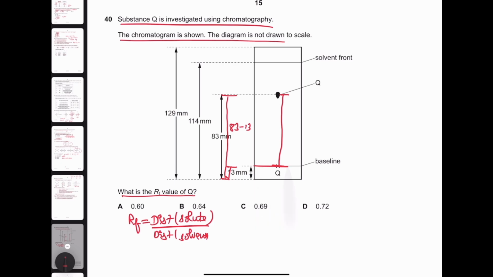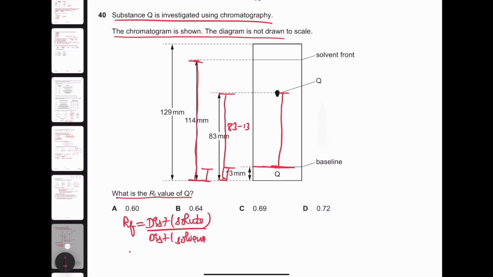You take the distance from baseline. The total distance from here to here is 114, but you subtract 13 from it. So 114 minus 13, which is 101. This is the solvent distance. Solute is 70. 83 minus 13 is 70. So 70 over 101, how much is this coming out to be? 70 divided by 101. 0.69. Is there an option? Yes. Answer is C.